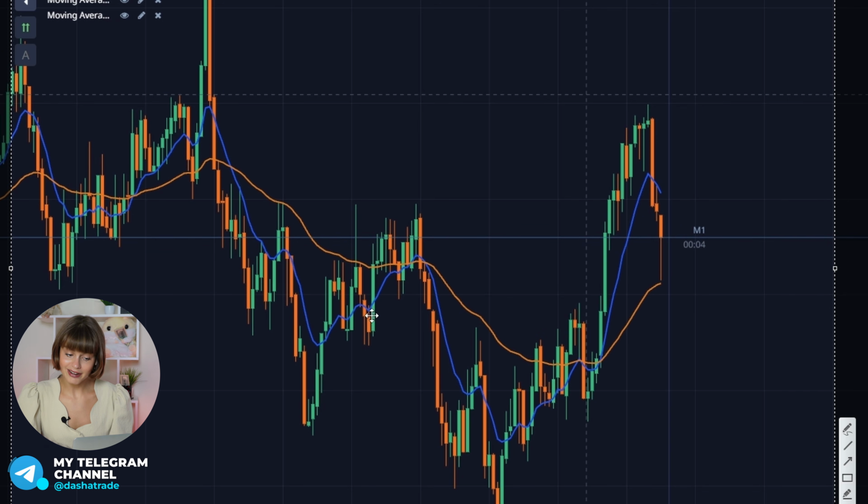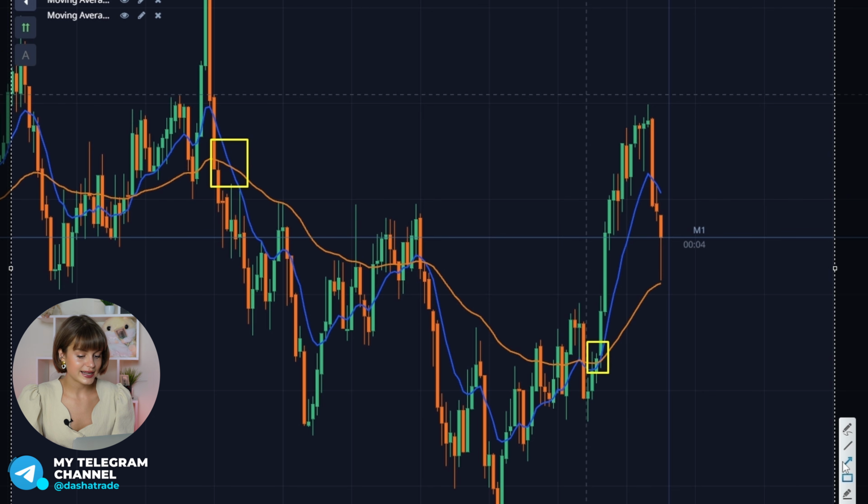The moving average strategy is as simple as possible, guys. This indicator is trend-based. It helps us identify trends, changes, and determine the current trend. To open positions, we need to pay attention to the intersections between these lines.